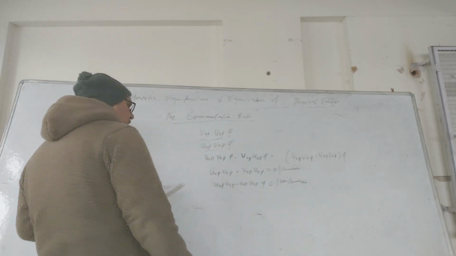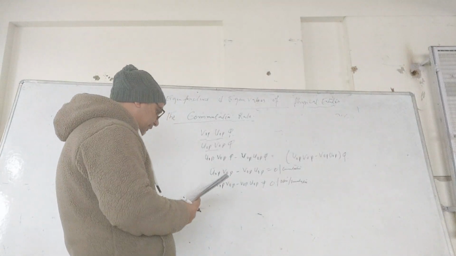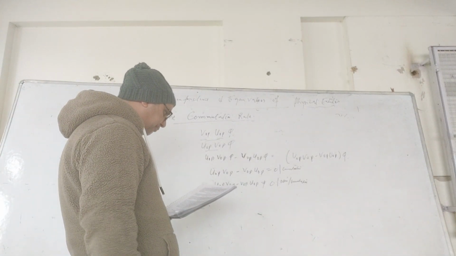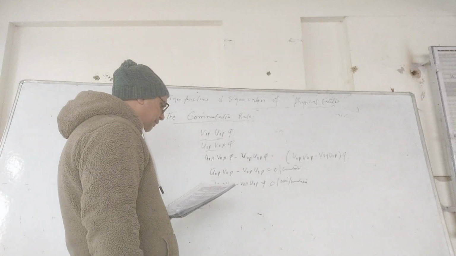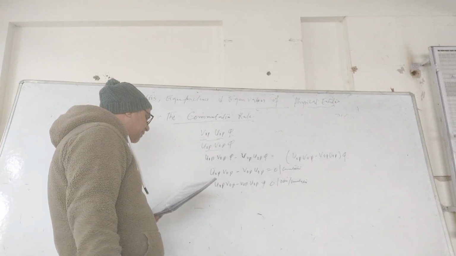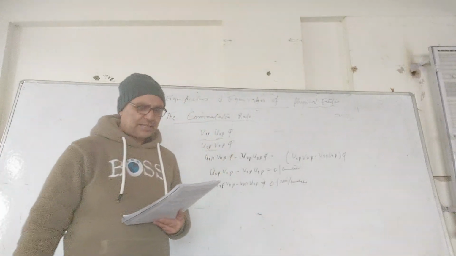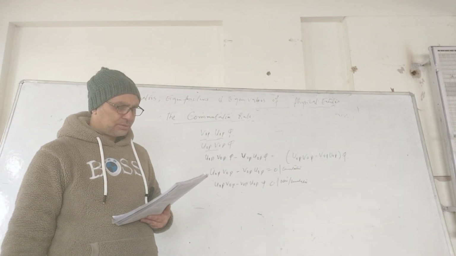So there can be non-commutative entities and there can be commutative entities. It can be shown that commutative operators have the same system of eigenfunctions, although they might have different eigenvalues.